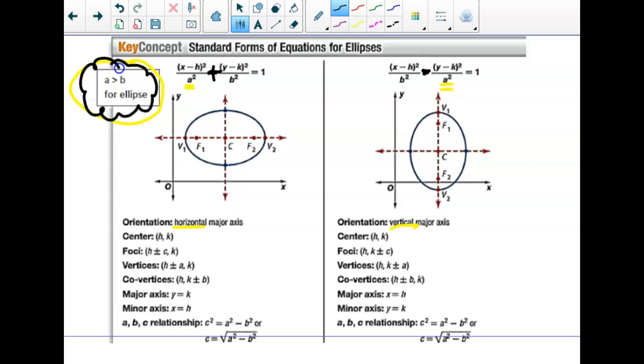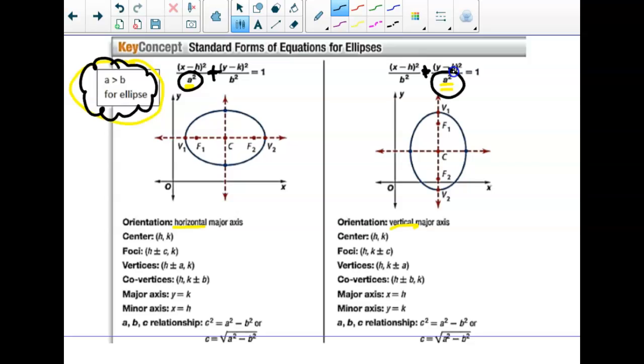It's on the reference sheet. It clearly says it there. But for an ellipse, a is just the bigger one. So when it's bigger underneath the x, it's longer in the x direction. Does that make sense? When the bigger number is underneath the y over here, it's going to be longer in the y direction, up and down.